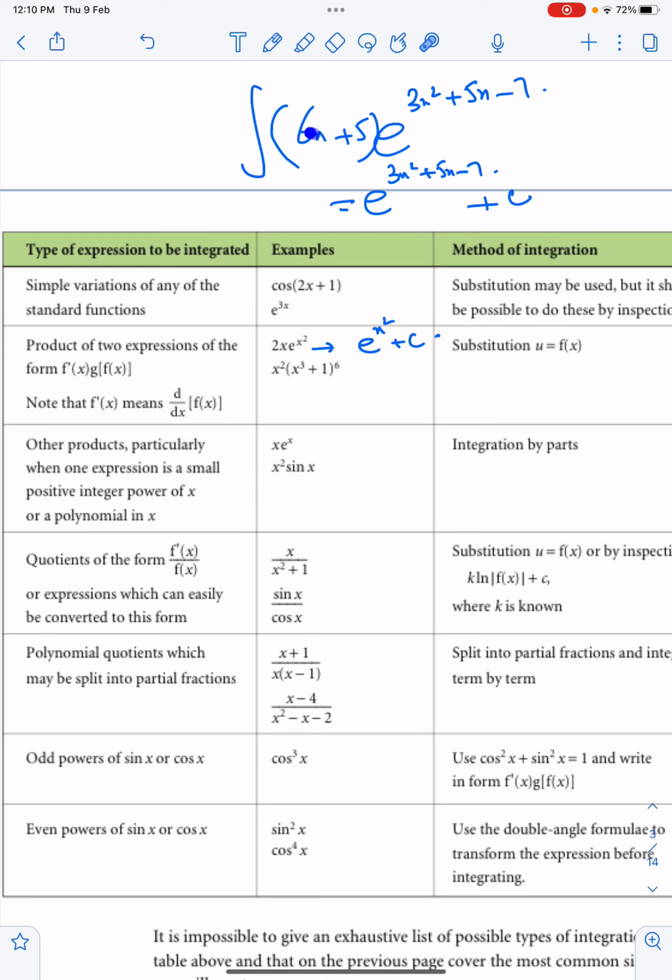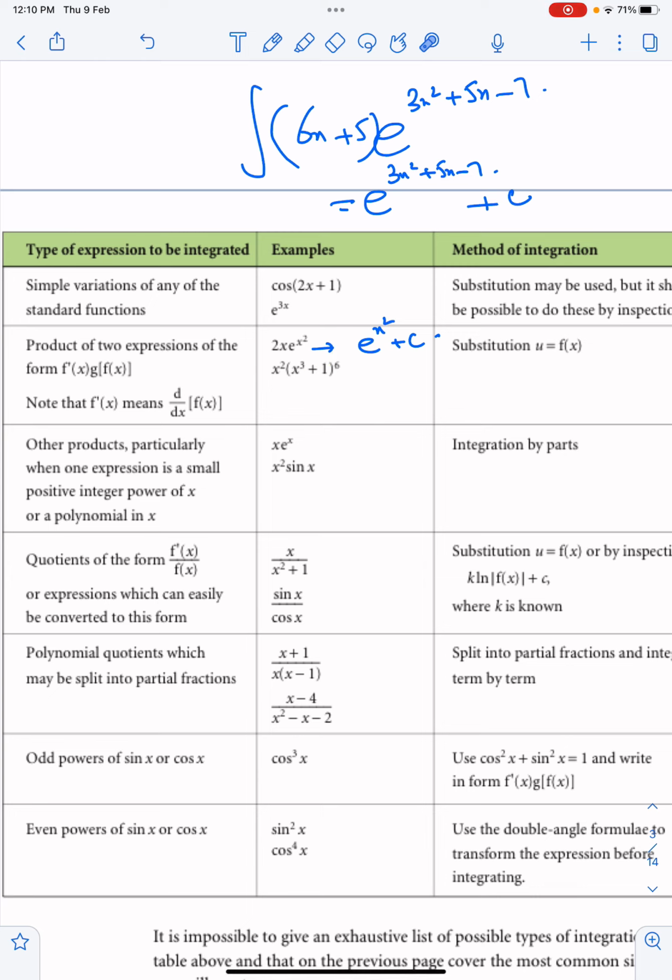But if there's no connection between this and the derivative of this, then you can use integration by parts. Here you can use substitution, and the better idea is to take u as x cube plus 1 and go ahead with the process of substitution.